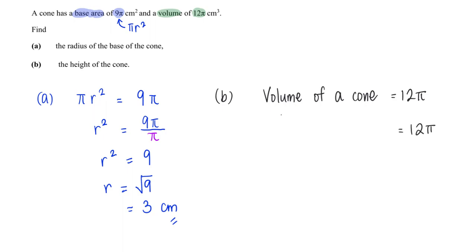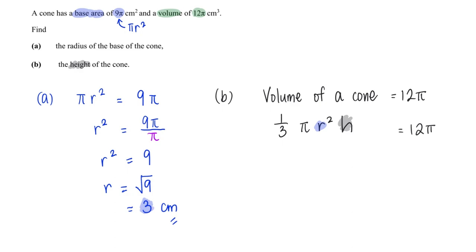The formula for the volume of a cone is 1/3 times pi times r squared times h, which is the height of the cone. And we got our radius as 3.